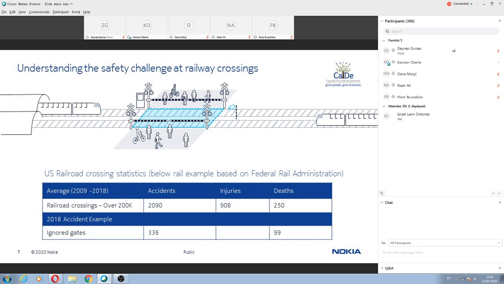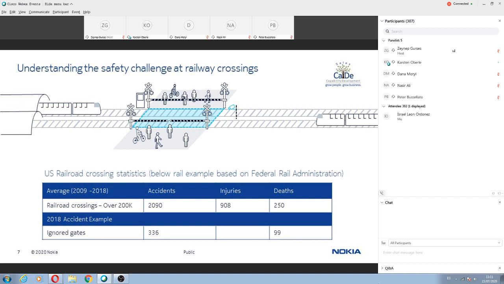This is for the US, and as you can see, on average over 10 years, we had about 2,000 accidents, with 250 dead people. And the more worrying is that just in 18, there have been more than 300 accidents just by ignoring the gate. So the gate is going down.